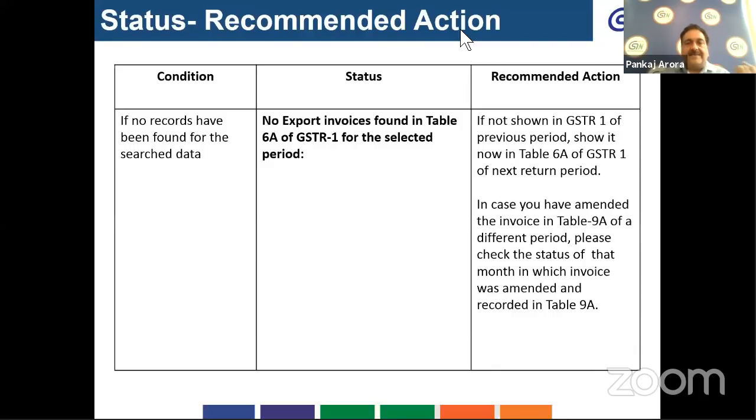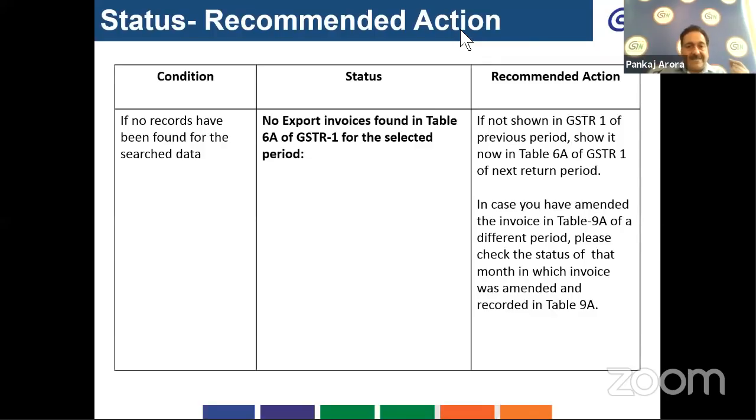So this was how to track the transmission status of export invoices data, whether it was successfully transmitted, and what was the action required if it was not transmitted successfully by the GST portal to ICEGATE. So this was another major functionality which was deployed at GST portal recently.